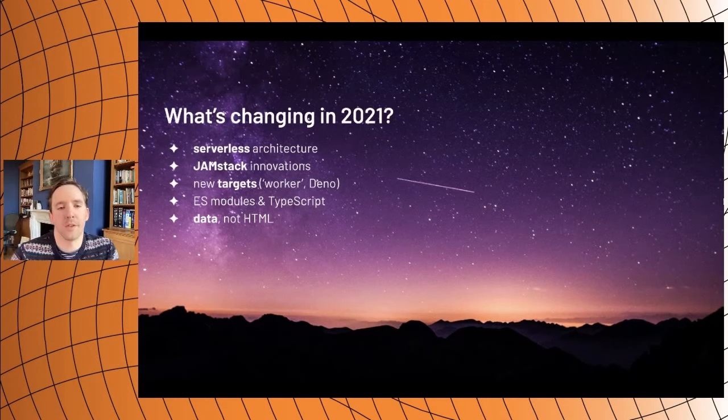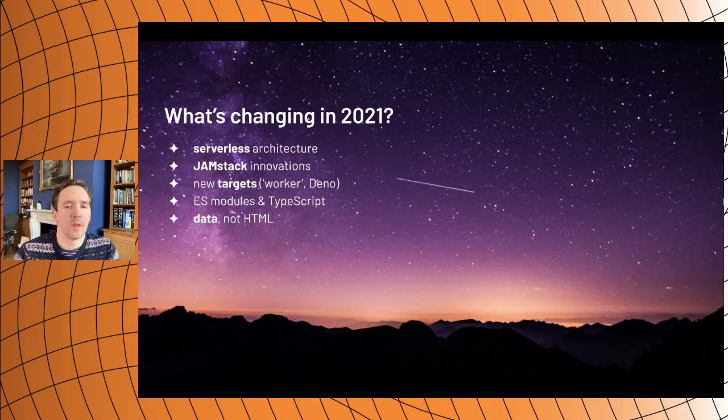There are new targets coming out, so it's not just Node and browser anymore. Deno is on the scene as a potential rival to Node. There are worker targets. Cloudflare Workers, for example, has a completely different environment using V8 isolates. And of course, ES modules are replacing CommonJS, and TypeScript is cool and new and prevents lots of bugs and errors.